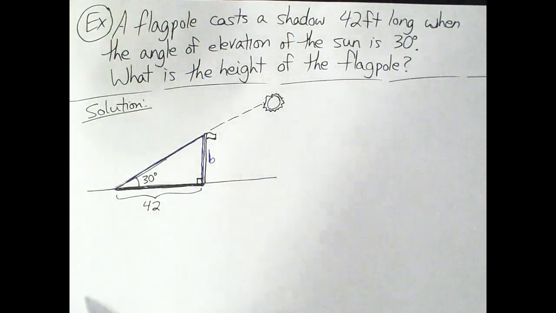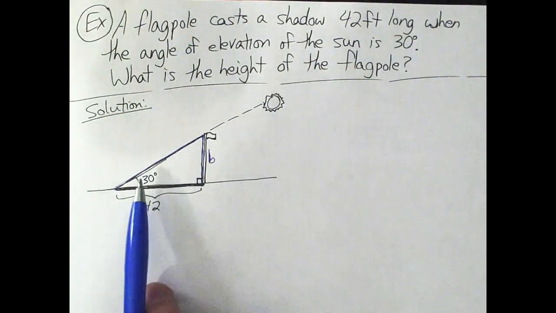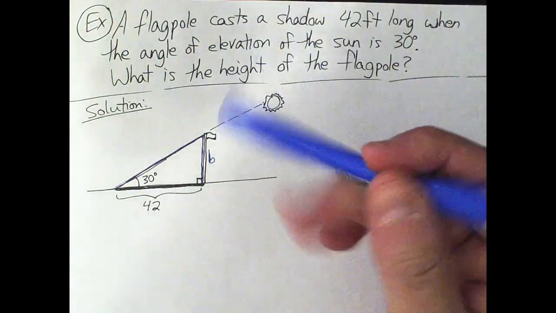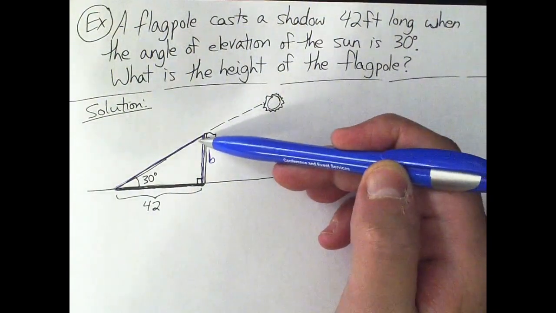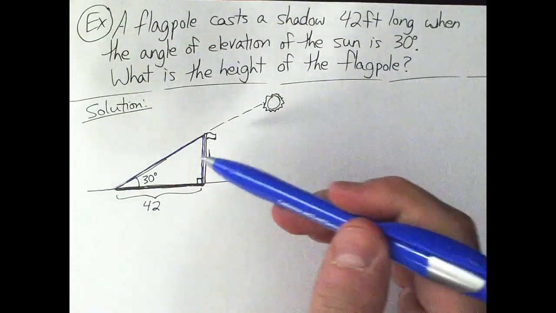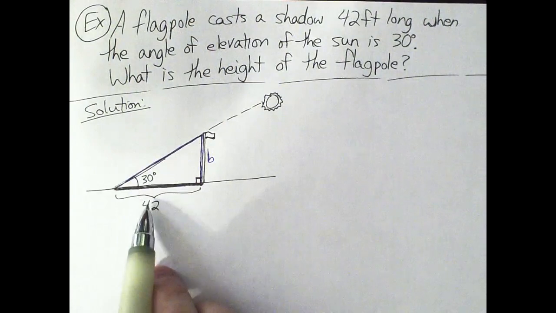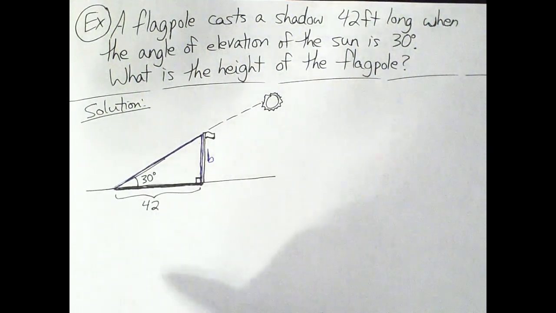You could call it Y. Is there anything else we know? I guess we know this other angle here, don't we? Because if this is 30 and this is 90, this has to be 60. We'll keep that in mind just in case we need it. But I don't even know if we'll need it. I think the 30, the 42 is going to be enough.